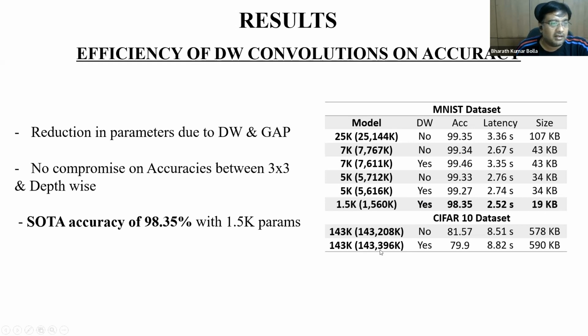On CIFAR-10, with a 143K model with depthwise, we reached 79.9, and with no depthwise, we have 81% accuracy. So this is what we did. Achieving this with just 1500 parameters is almost like a state-of-the-art architecture that is available here.